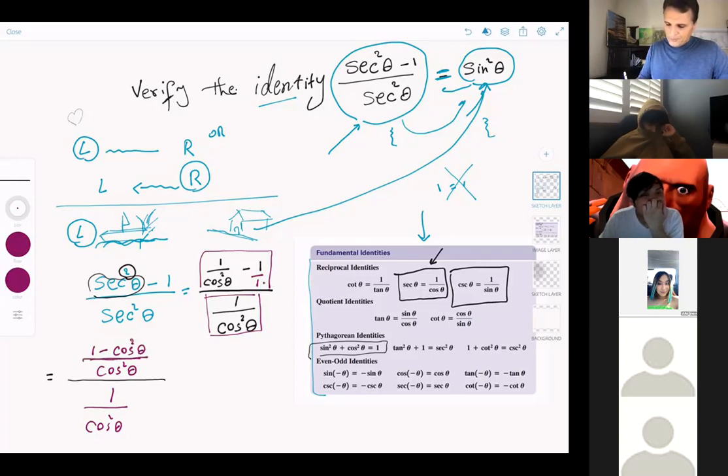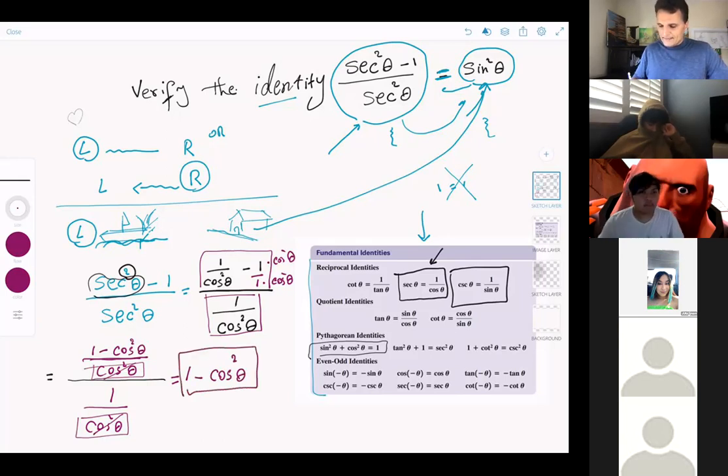So I multiply this by cosine squared theta, multiply this by cosine squared theta. So that's what I get. Equal to this, and the cosine squared and that cosine squared theta cancel by dividing. Therefore, we have only 1 minus cosine squared of theta. So we end up having this.